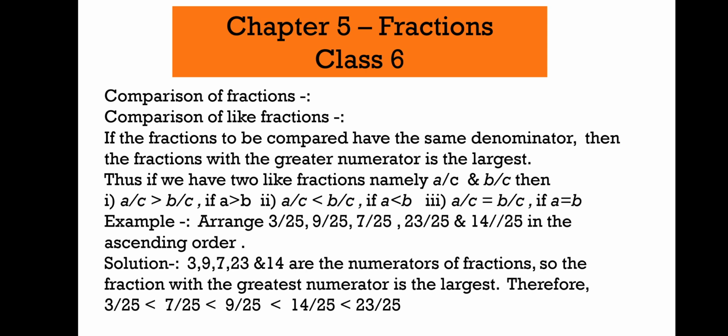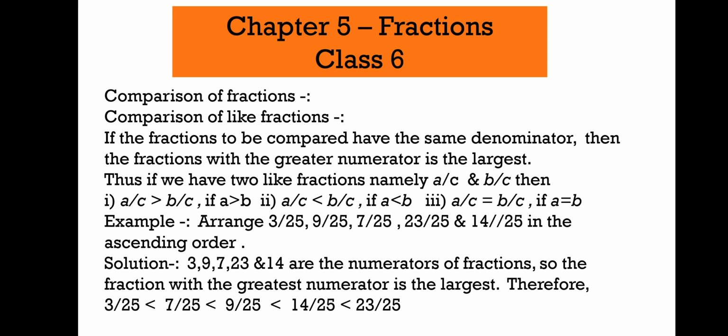Thus, if we have two like fractions, namely A upon C and B upon C, then A upon C is greater than B upon C if A is greater than B. A upon C is less than B upon C if A is less than B. And third one, A upon C is equal to B upon C if A is equal to B.